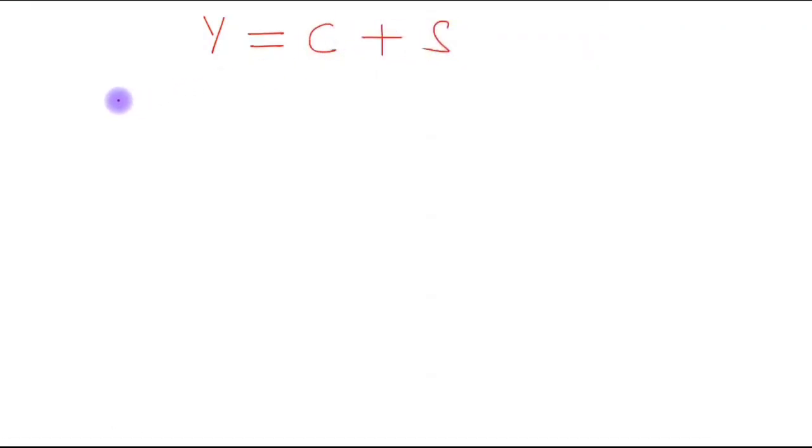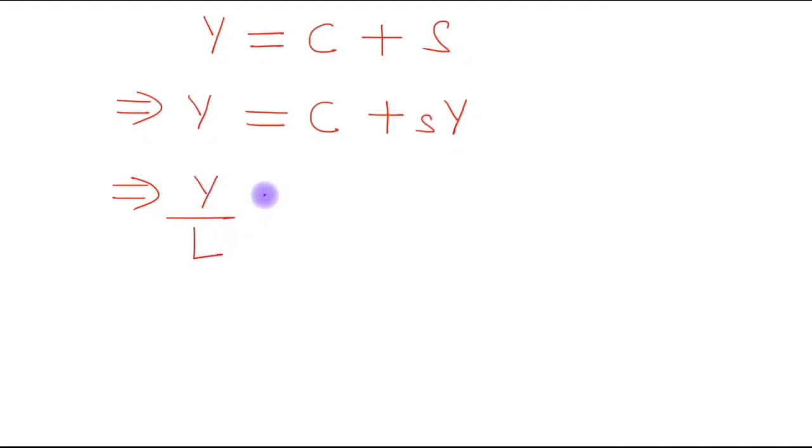In the next step, we can write y equals c plus saving, and saving as saving rate times income. Next, we will convert this equation into per worker terms. So we write y upon l equals c upon l plus saving rate times y upon l.